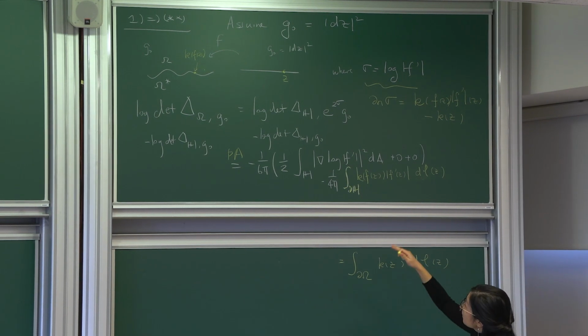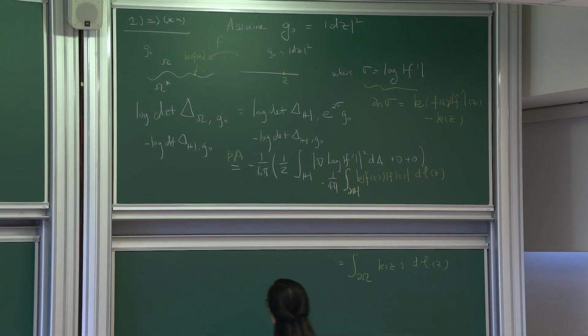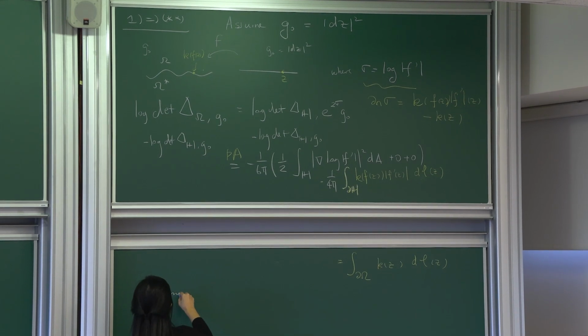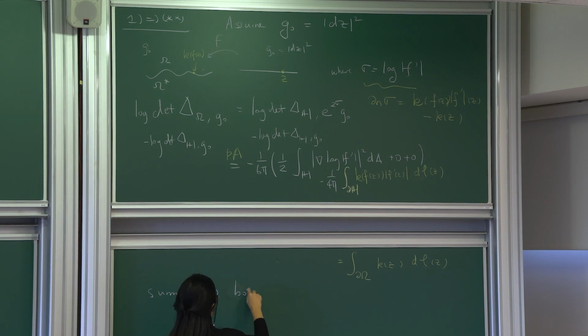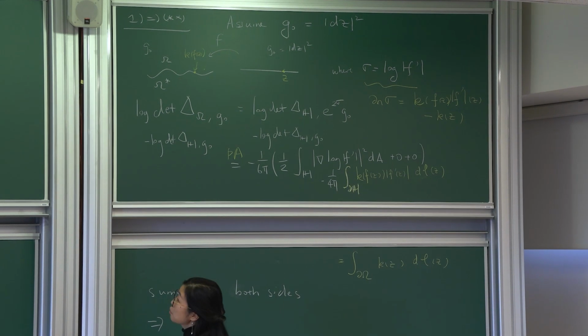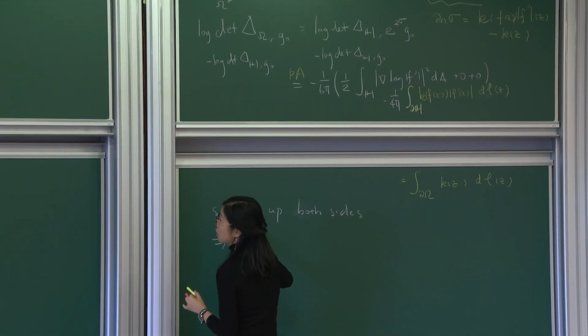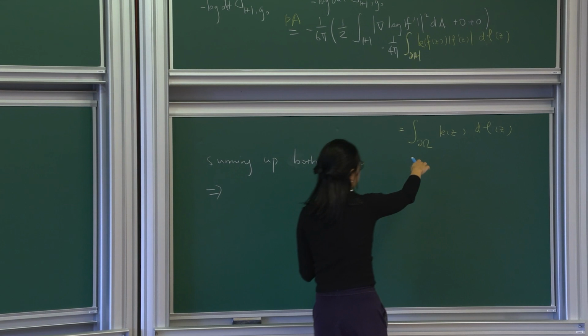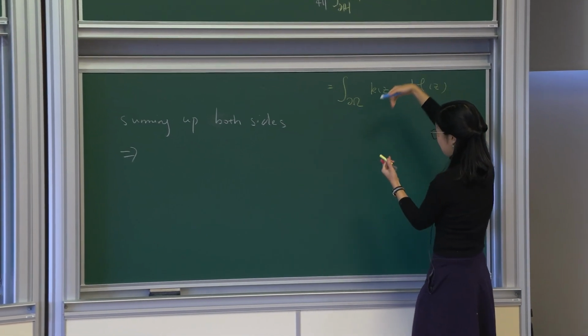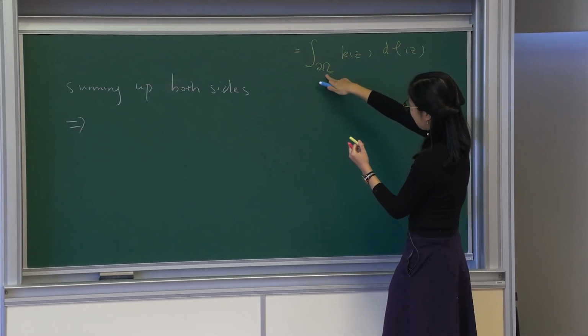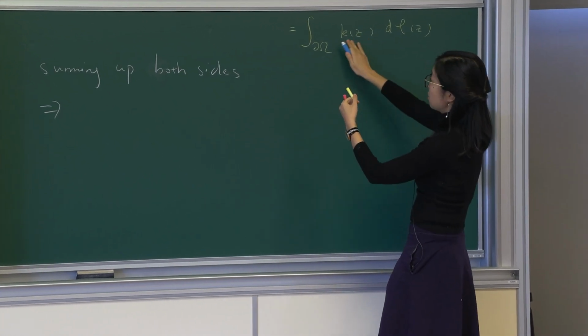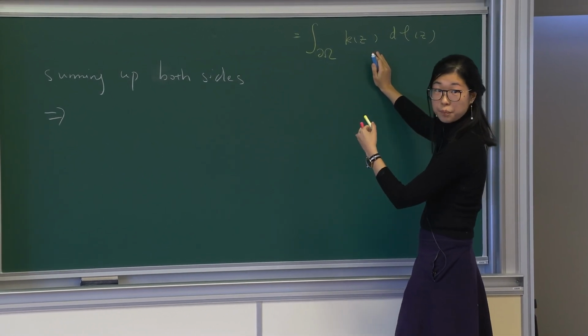Okay, this is not 0, but if you sum up two sides, summing up both, so this term would go away, because again, if you go from one side of omega or the other side of omega, this term would just be cancelled out.